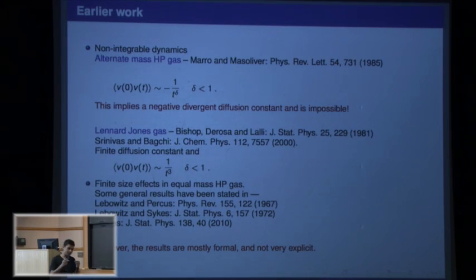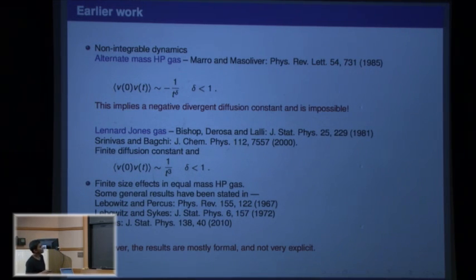One simple way to do this with the hard particle gas is to not take all the masses equal, but to make alternate particles have different masses, m1, m2, m1, m2, like that. In that case, when there is a collision, it's not just that particles go through each other. It's more non-trivial, and it's no longer an integrable model. You can check that it thermalizes very fast, and it has quite good ergodicity properties.